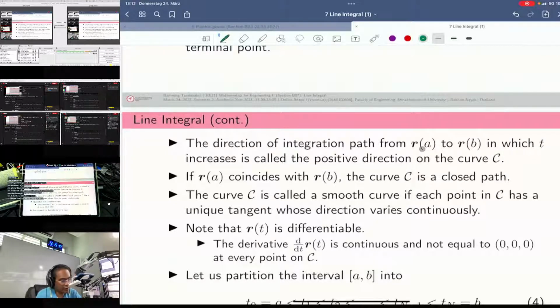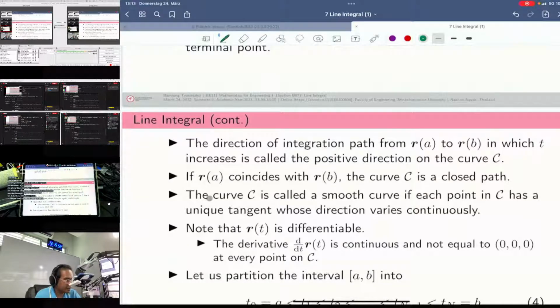Once we go from the initial point to the terminal point, we say that's the positive direction. And if r(a) coincides with r(b), so the location r(a) is exactly the same as the position r(b), we say the curve C is a closed path. The curve C is called a smooth curve if each point in C has a unique tangent whose direction varies continuously.